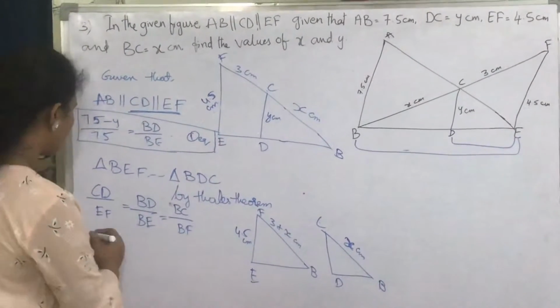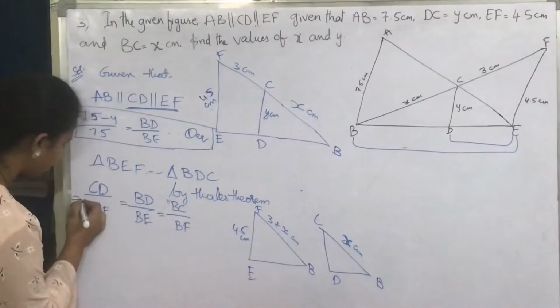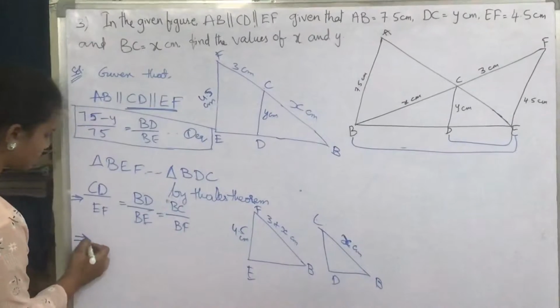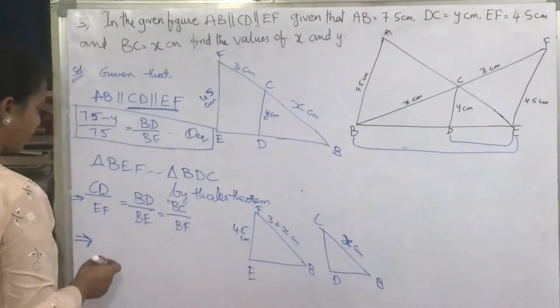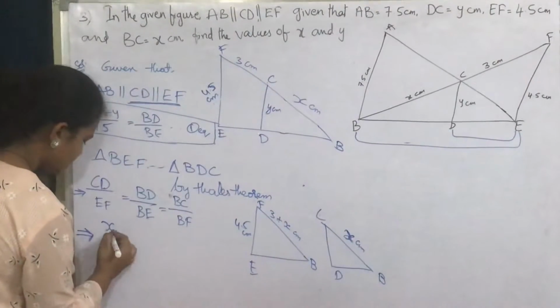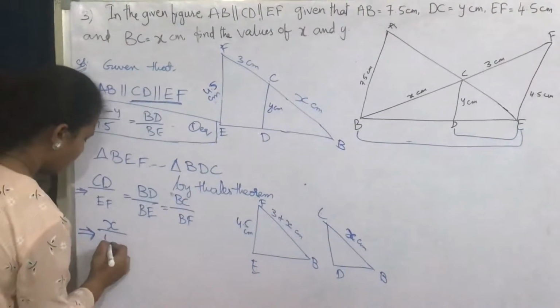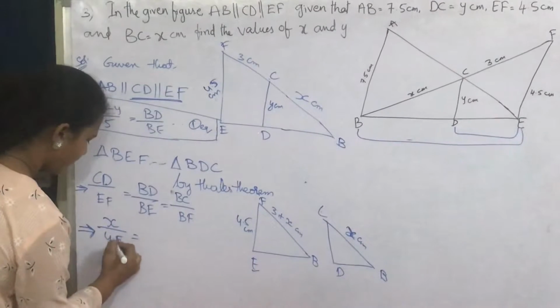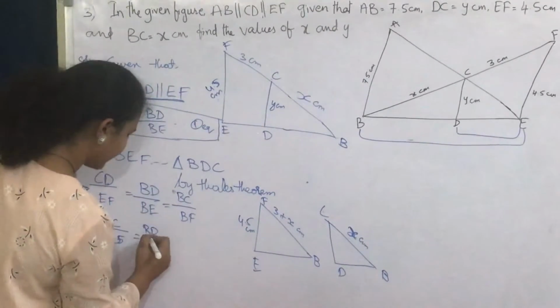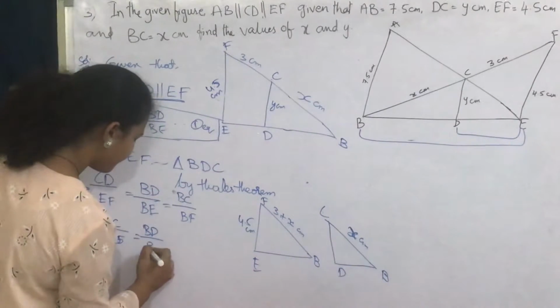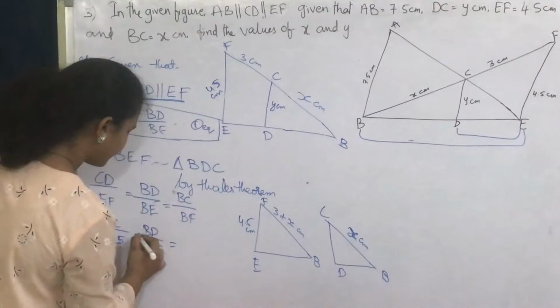Now let's write the values for the given sides. CD equals y centimeters, by EF 4.5, equals BD by BE, and we haven't any values for BD and BE, let them be like this.